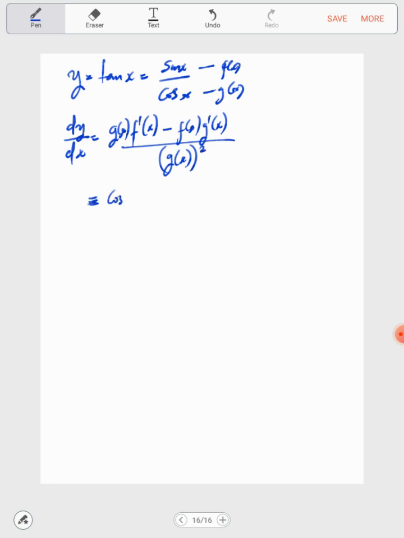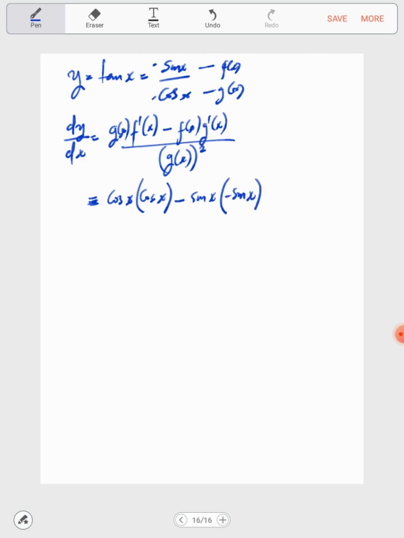We have that as cos x multiplying the derivative of sin x, which we've shown to be cos x, minus f of x, that's sin x, multiplying the derivative of cos x, that's negative sin x.